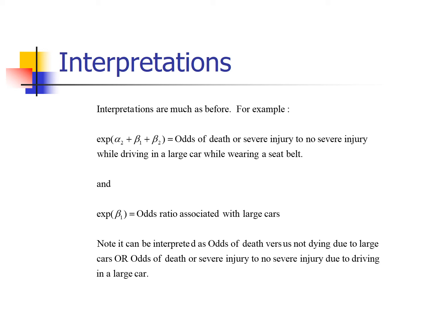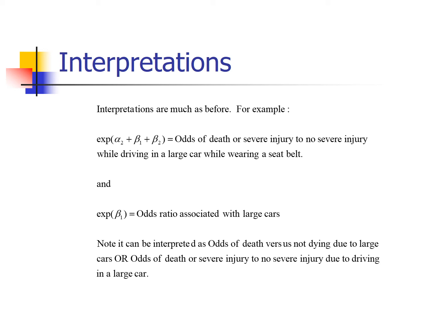So, for example, beta 1 is the coefficient associated with car size. If we exponentiate beta 1, or in terms of what SAS gives us, beta 1 hat, that'll give us the odds ratio associated with large cars.